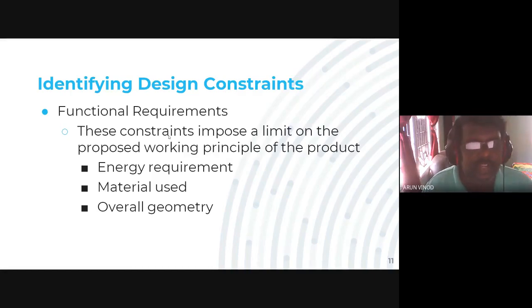So you have to take these constraints into account when you are designing the product: energy requirement, material used, and overall geometry. These constraints impose a limit on the proposed working principle of the product.